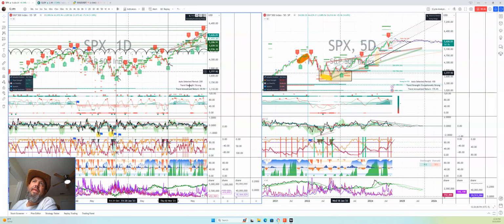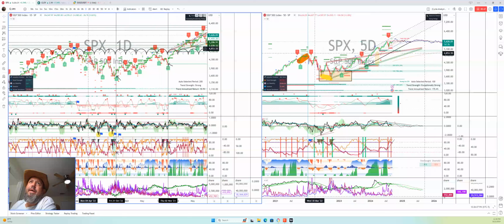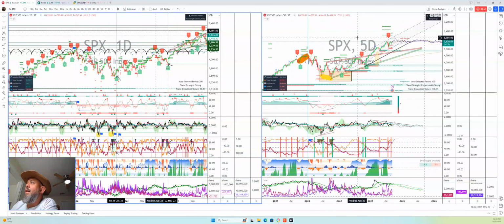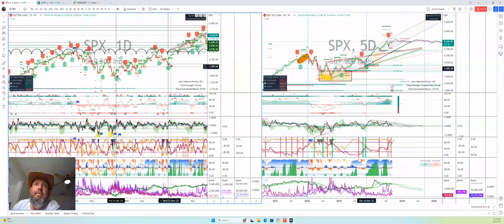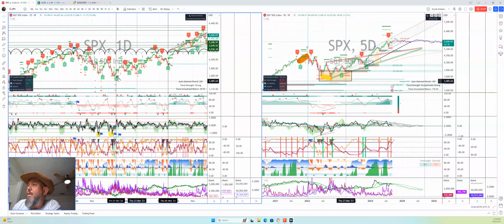All right. This is the SPX. It tracks the Nasdaq. It tracks the S&P 500. We'll be going to a Nasdaq futures because there's something that I wanted to look at. Trying to get these indicators set up.